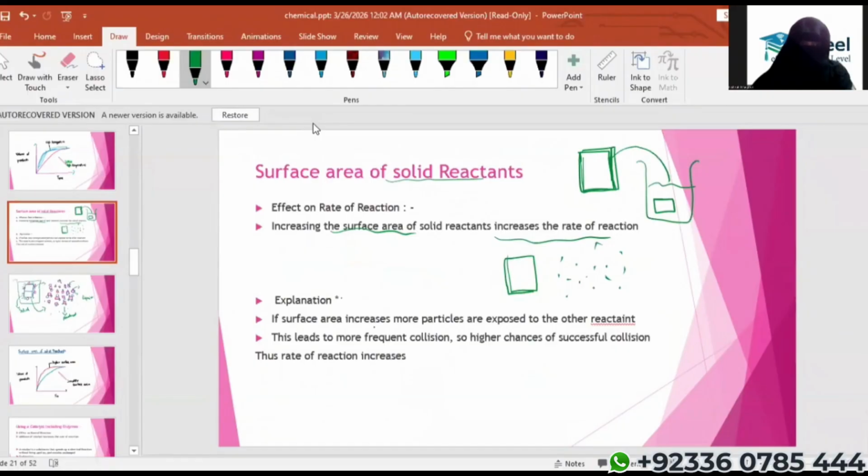How so? If the surface area increases, more particles are exposed to the other reactant, which is your liquid. And this will lead to more frequent collisions. So there are higher chances of successful collisions to take place, with energy greater than or equal to the activation energy. And thus, the rate of reaction will increase.